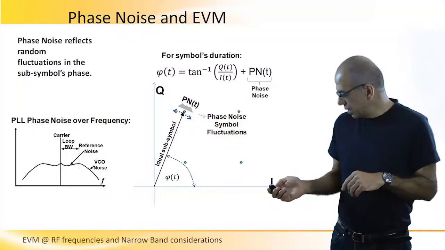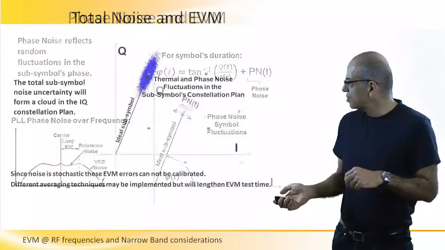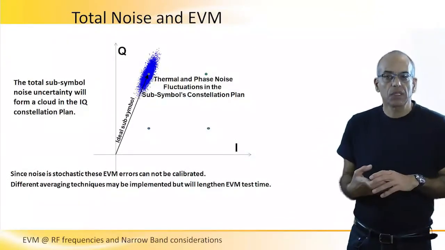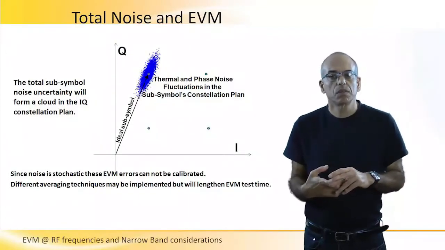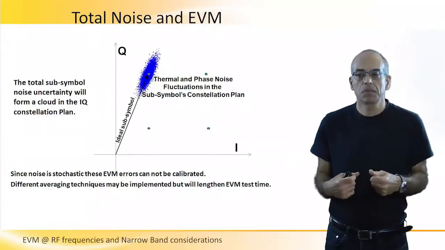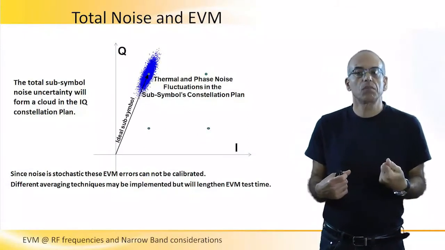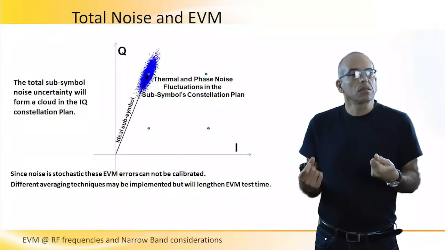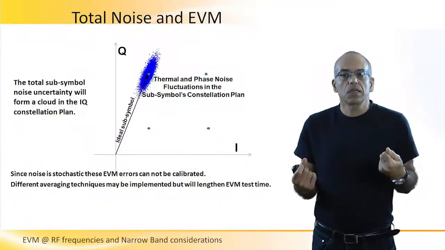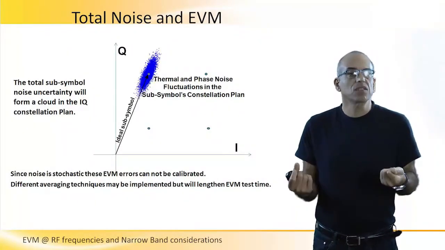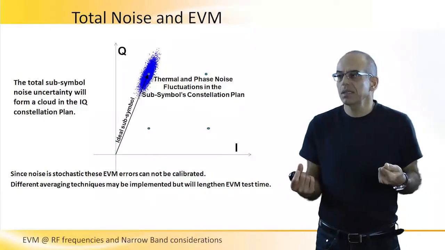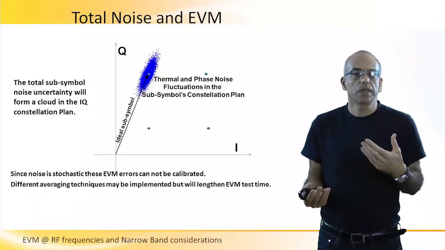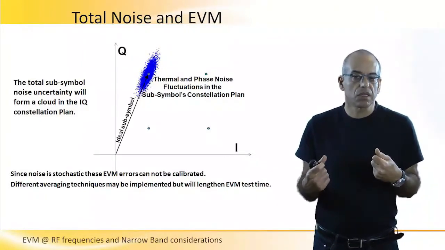So both thermal and phase noise create a cloud of uncertainty in the subsymbol, both amplitude and phase, and it is an uncertainty that is stochastic, so we cannot predistort the signal in some way or calibrate it later on.